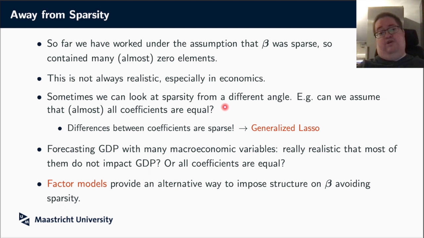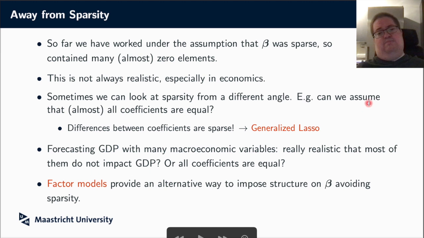Groups where coefficients are equal and other groups where they are not equal, instead of finding the relevant and irrelevant coefficients. And there is one particular extension, the so-called fused lasso, which looks at equality of coefficients, which has become a very popular method as well. Now, I don't have the time to discuss that in all its details. If you go to Canvas, you will find reading material if you're interested in this kind of application of the generalized lasso.